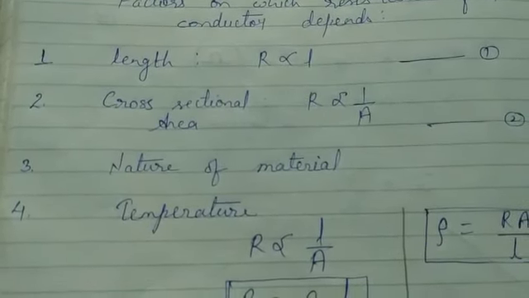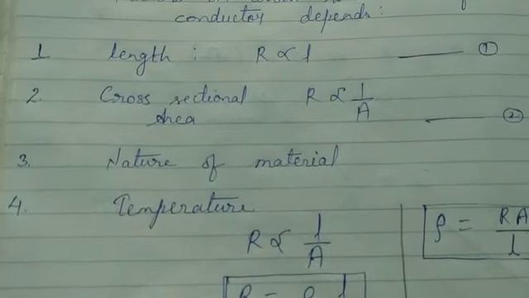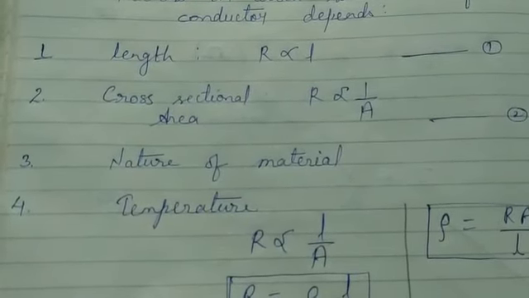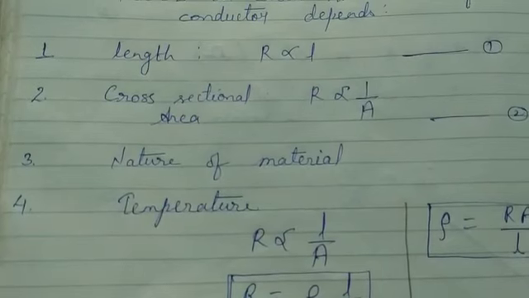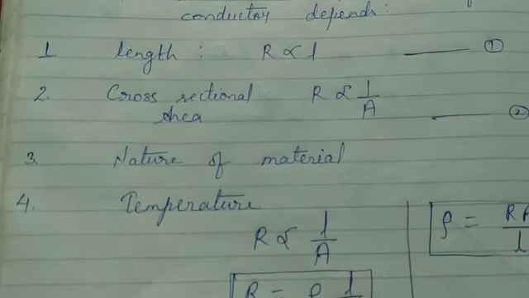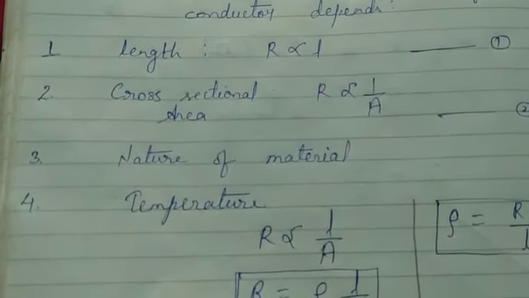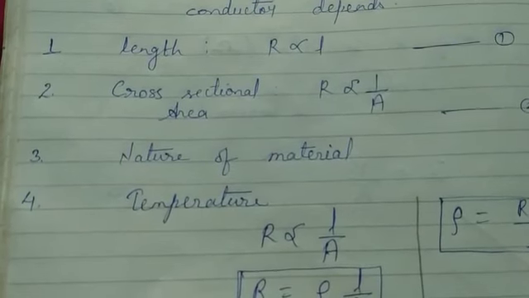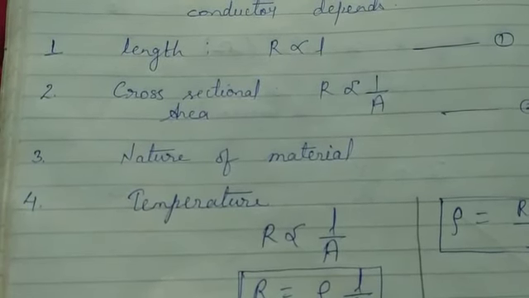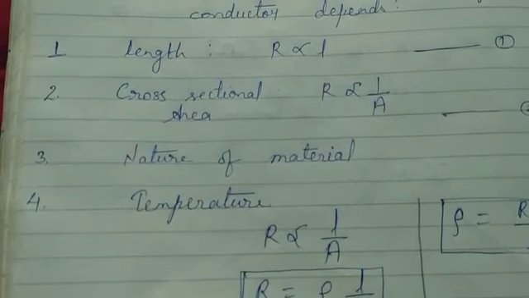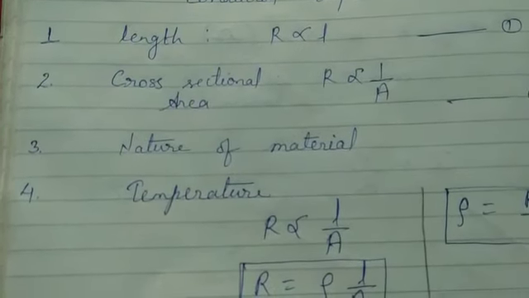Then third, nature of material, that means what kind of particles and in which manner the particles are present in the conductor. Is it densely populated, or what kind of particles are placed in which manner, upon that it also depends. Then fourth is temperature.